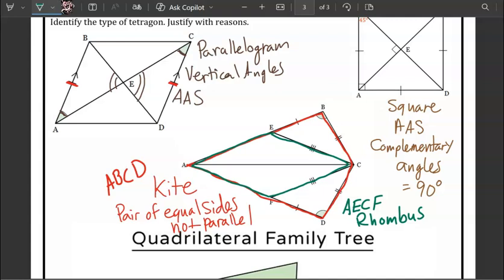The adjacent sides are equal to each other. So these are equal and then these are equal.